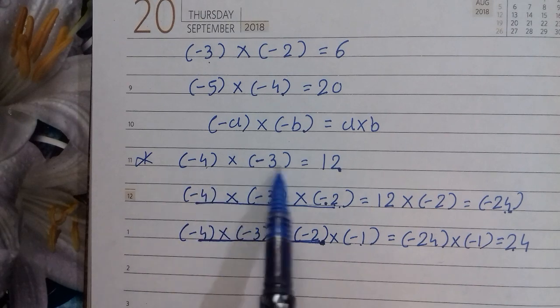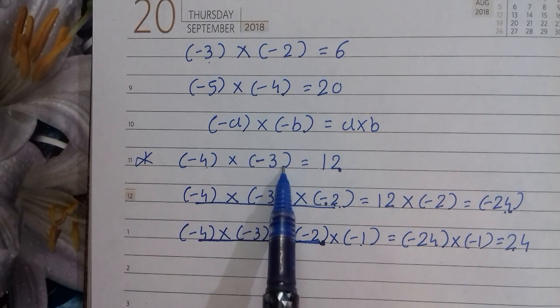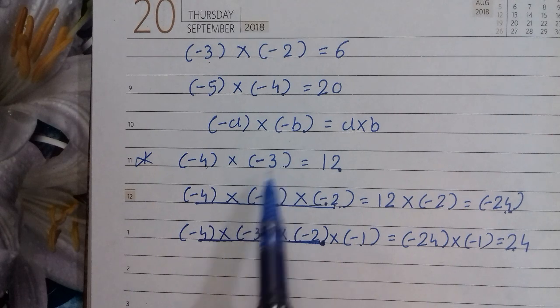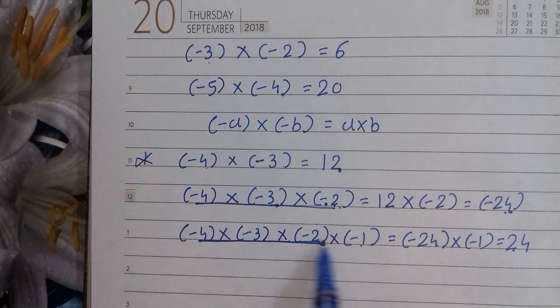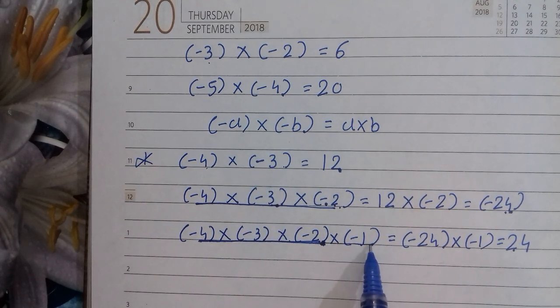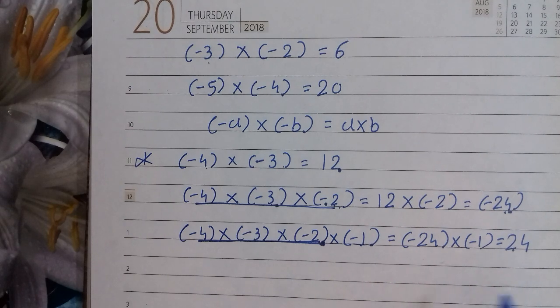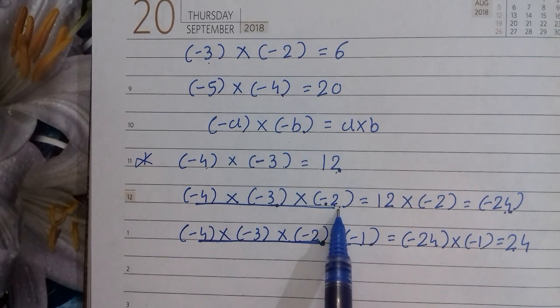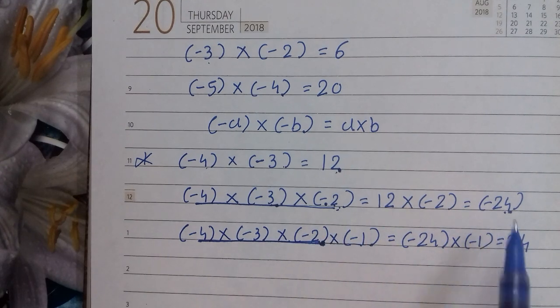Here the number of negative integers is 4, that is even. So if the number of negative integers in a product is even, then the product is a positive integer. And if the number of negative integers in a product is odd, that is 3, then the product is a negative integer.